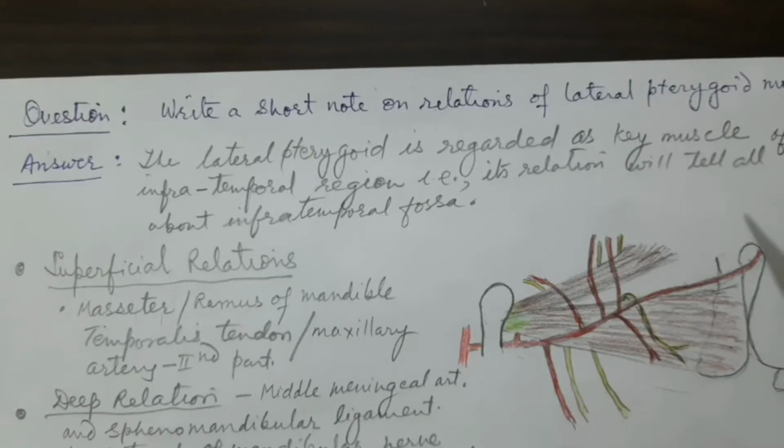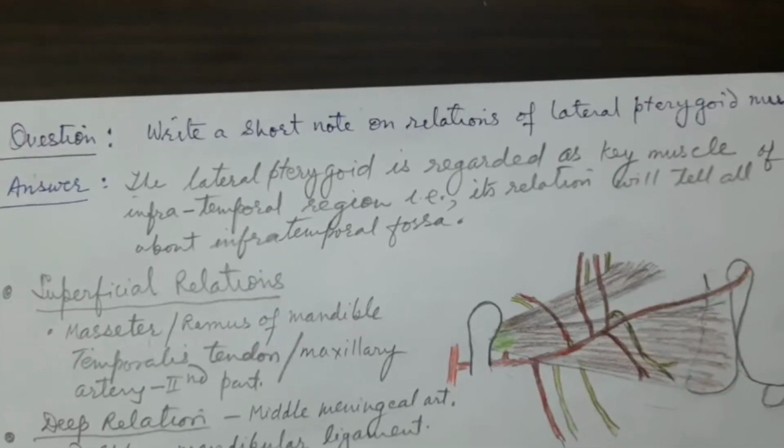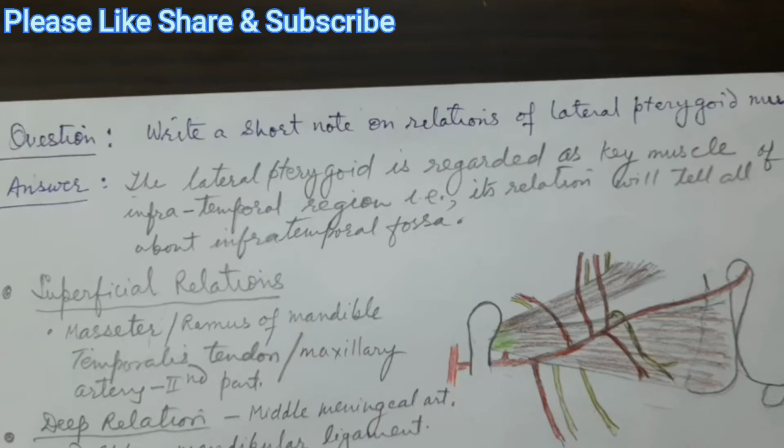Now, the answer is that the lateral pterygoid is regarded as the key muscle of the infratemporal region, or infratemporal fossa. Why is it said to be the key muscle?